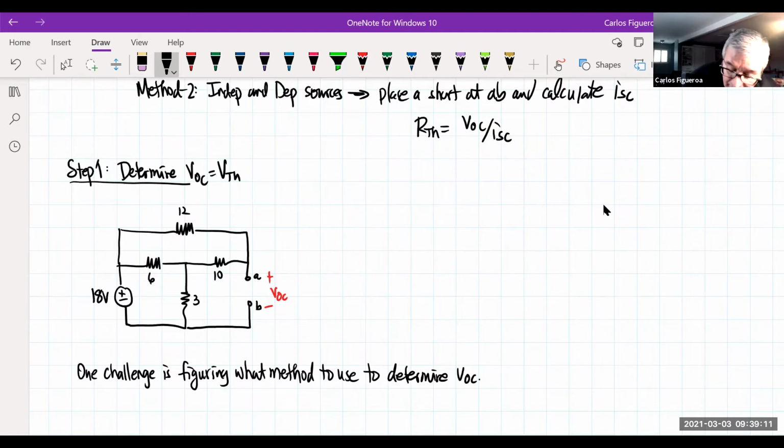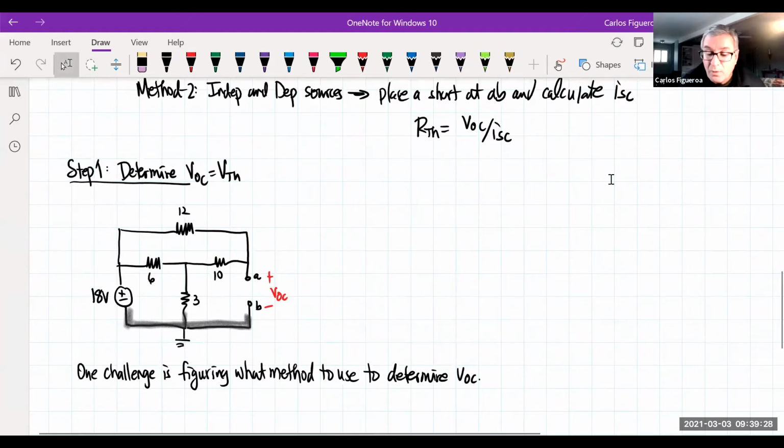And so the first thing that I do here is I put in ground. So that means I have my ground node right here. Now that I have my ground set, you can see that this node right here has to be what?